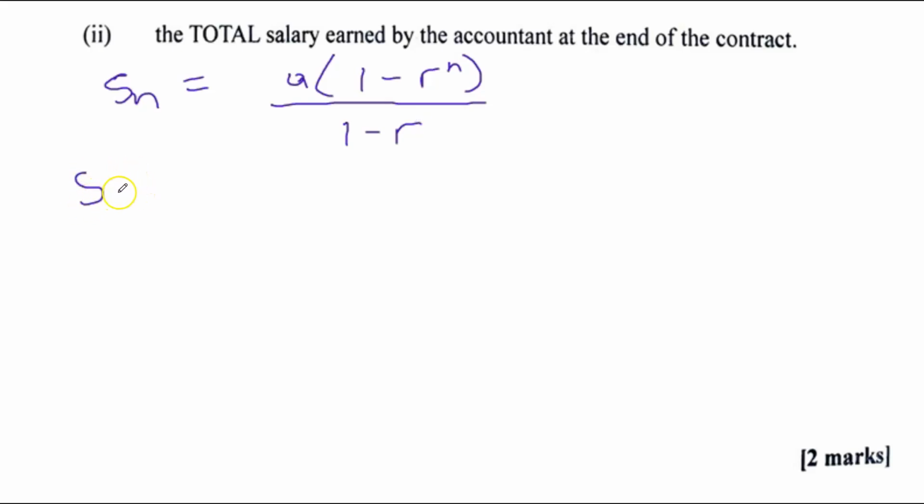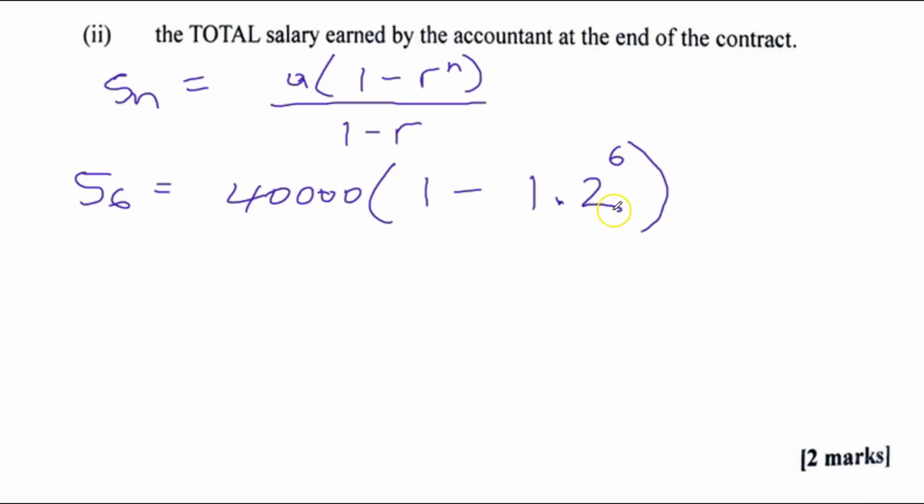So S6: we just found A to be 40,000, so 40,000 into 1 minus R to the n, where R was 1.2 and n is 6, all over 1 minus R, and R is again 1.2. So we can use our calculator to do this.